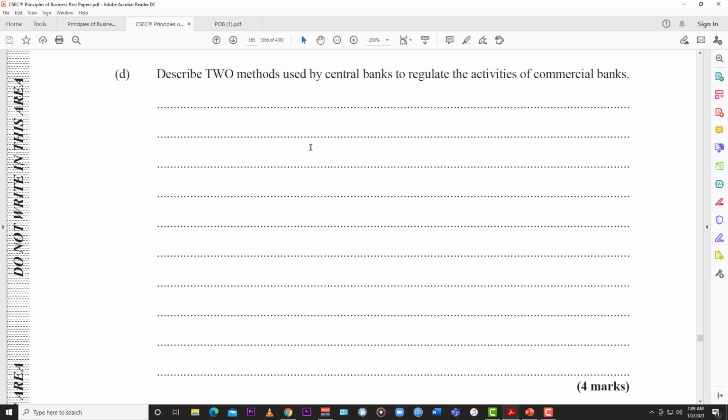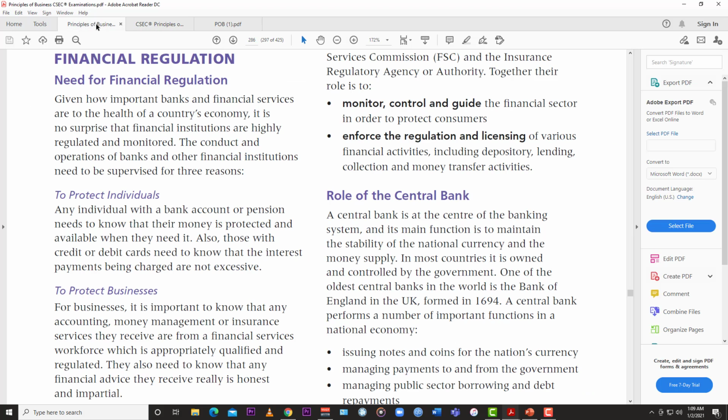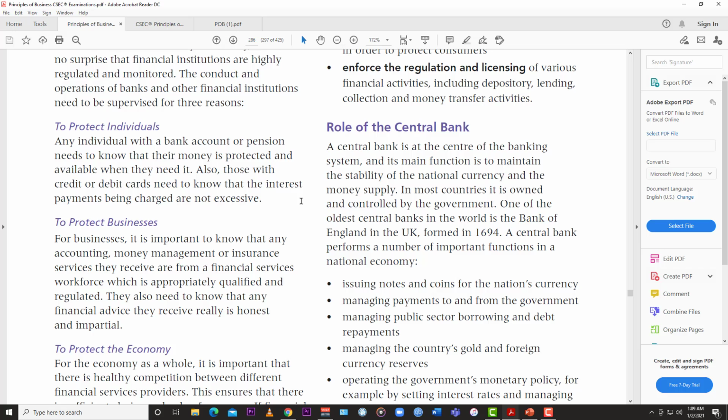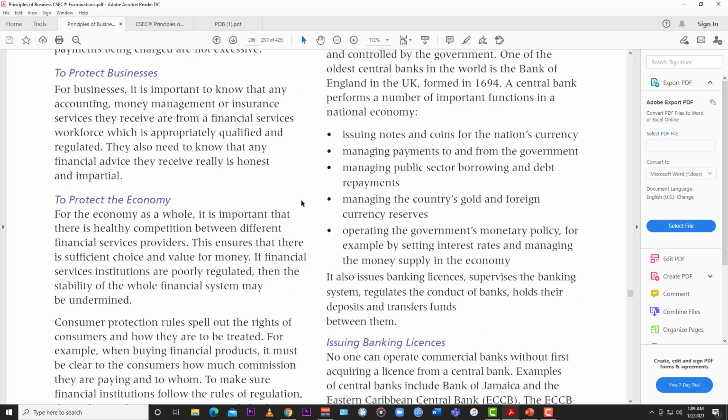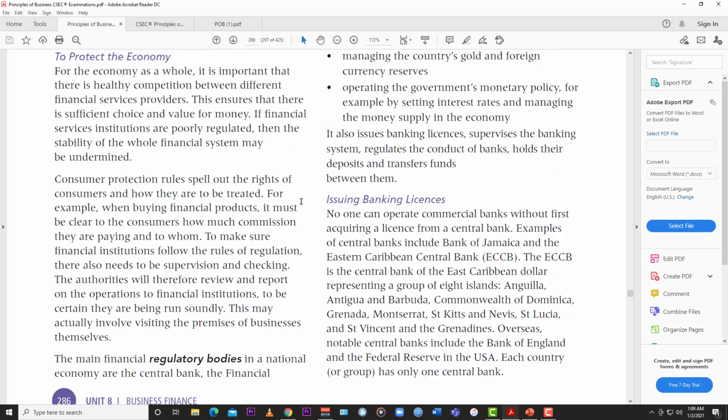Ways in which they can use their power to regulate activities of the commercial banks include, of course, issuing licenses, because they are the ones that issue licenses to various banks. If they don't issue a license to you, then that means you cannot operate as a bank.